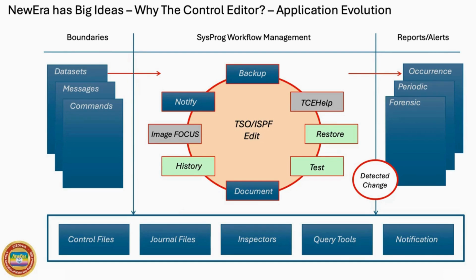And reports increased. We went from occurrence type reports to periodic reports to forensic reports that could be used for auditing purposes and for security violations. And we added detected changes.